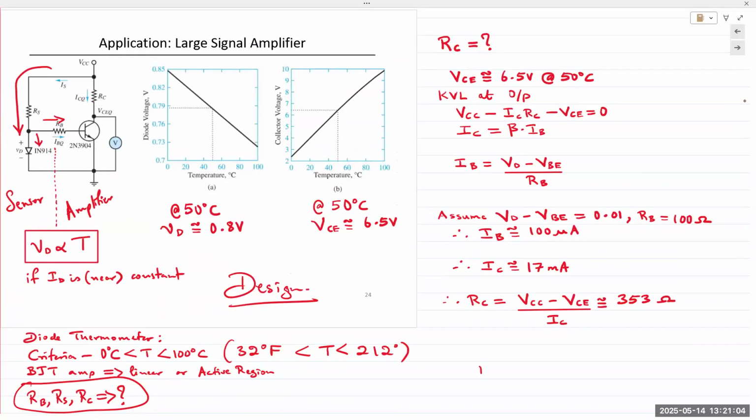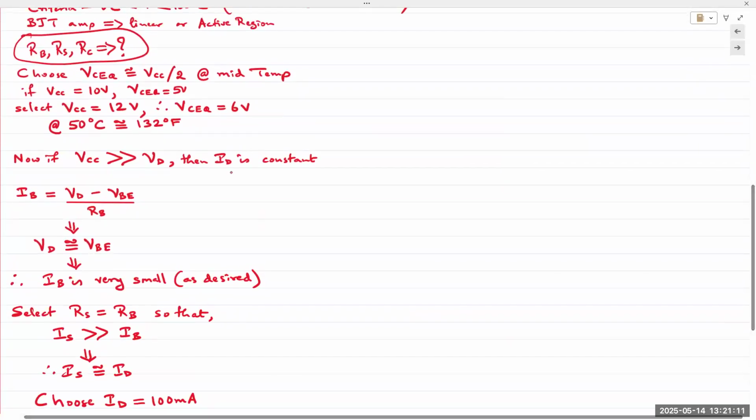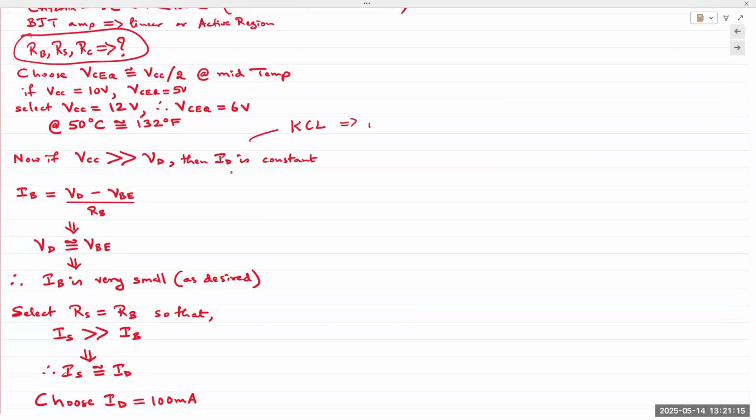If you apply KCL at the base, the total current coming from the top, IS, is equal to ID plus IB. Now, IB is going to be very small. We want to keep it very small, so we could treat it as negligible.